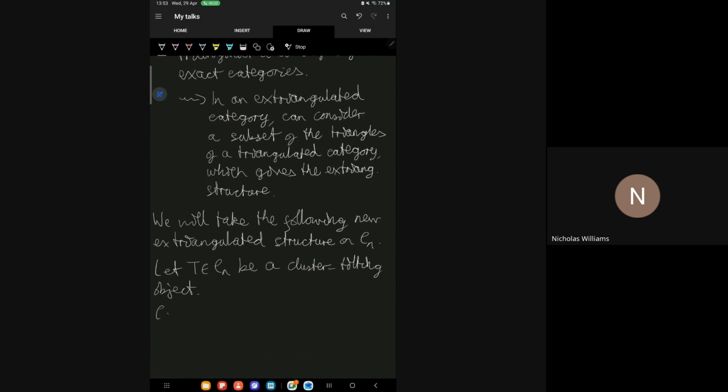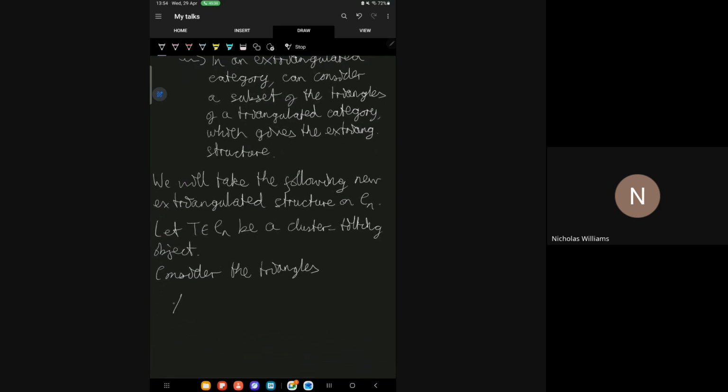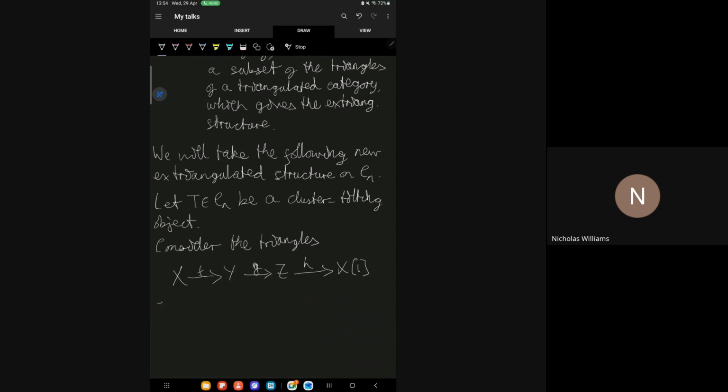What we're going to do is consider the triangles x to y to z to h to x shifted by 1 such that h factors through T shifted by 1.